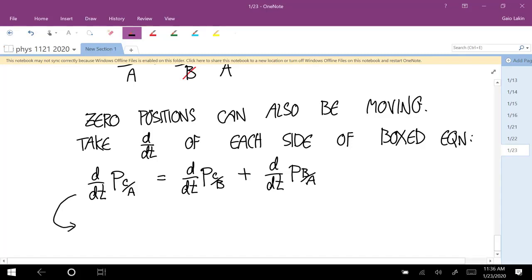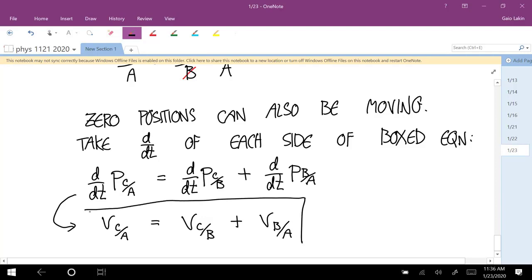So you can think of this as the velocity of C that's observed by A is equal to the velocity of C that's observed by B plus the velocity of B that's observed by A. And so there's the velocity relative motion equation. And that subscript rule still has to work. Okay, I didn't change anything about the order of the subscripts.